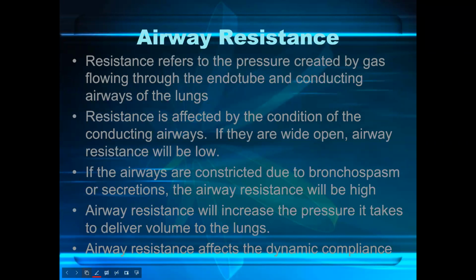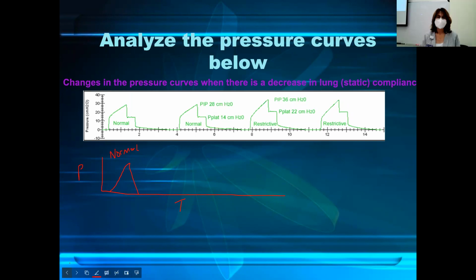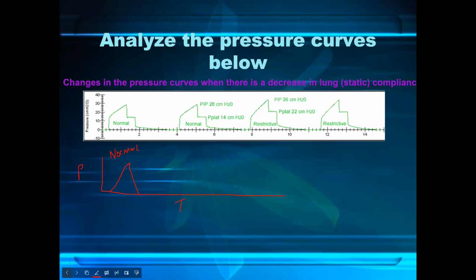Sorry, I have one more question. I think I'm getting all the terms confused. So I understand the plateau and the PIP, but then you said dynamic and static. Static is the same thing as the PIP? What is PIP? The peak inspiratory pressure.